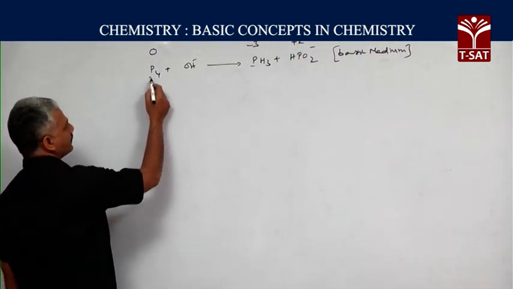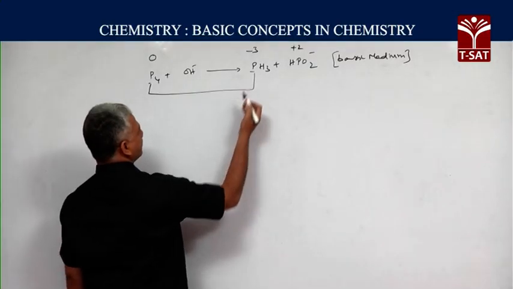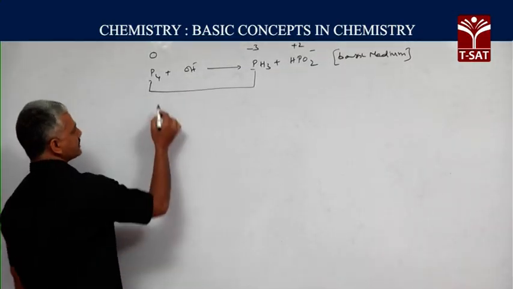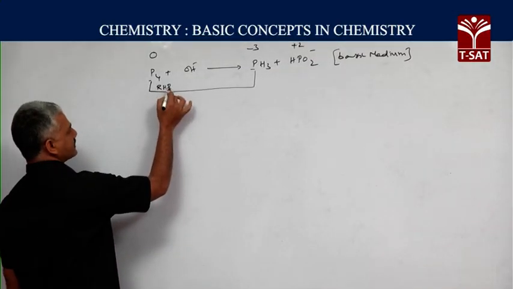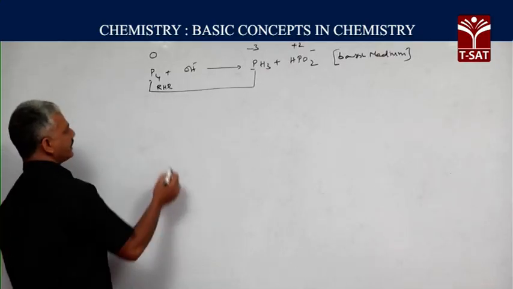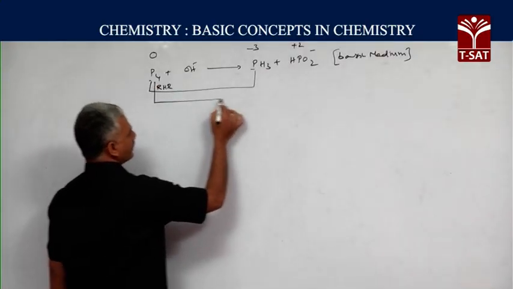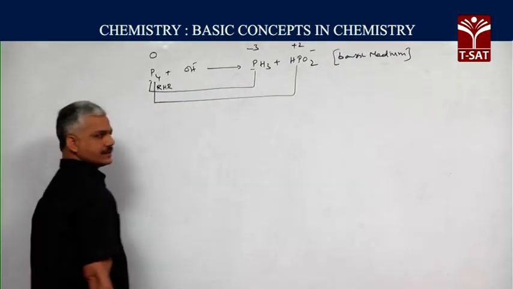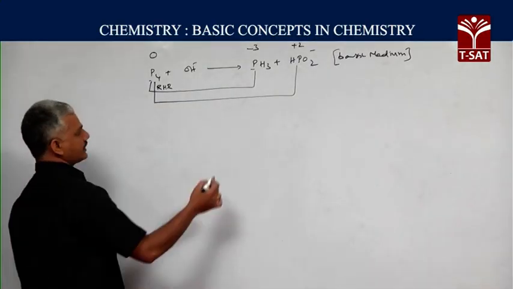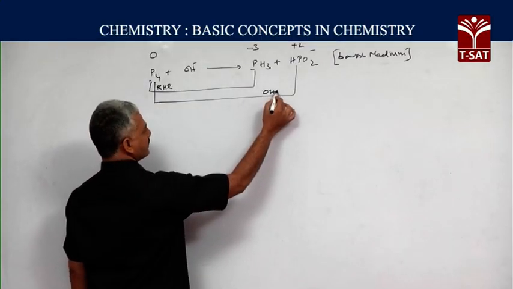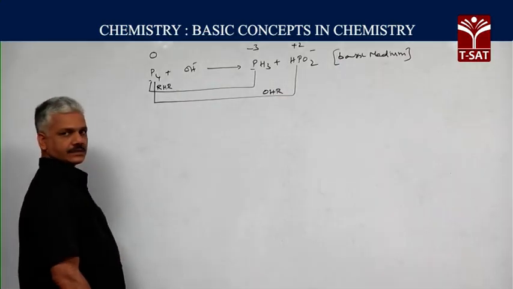So, for phosphorus, there is a decrease in oxidation state, which can be taken as a reduction half reaction. For the same phosphorus, there is an increase in oxidation state, which can be taken as an oxidation half reaction.